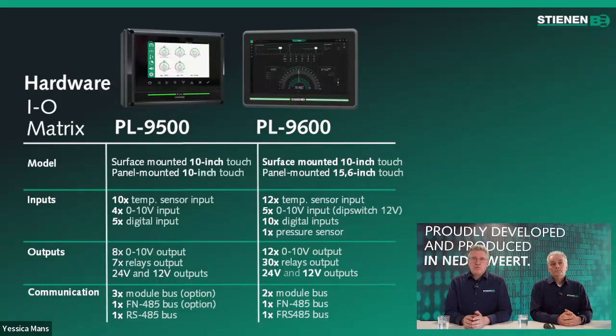These are particularly suitable for alarm inputs. A built-in pressure sensor, 12 instead of 8 0 to 10 volt outputs, 30 instead of 7 relays, but it's important to note that the relays have a shared P contact in groups of 5. The FM bus and 2 module connections are standard.